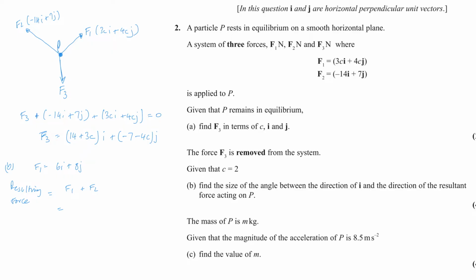So that is minus 14i plus 7j plus 6i plus 8j. Oh, sorry, it's a minus 14. So minus 14 plus 6 is minus 8i, and then 7 plus 8 is 15j.